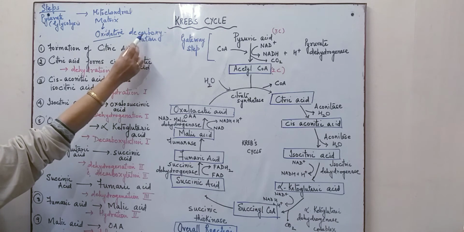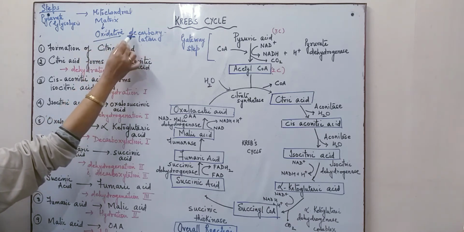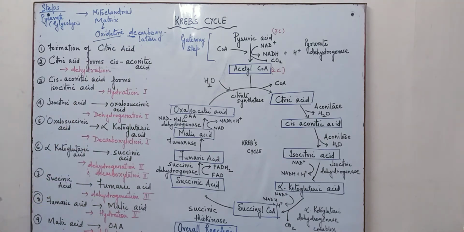You can make this out from the name: decarboxylation is the removal of the carboxylate group, with the formation of carbon dioxide.